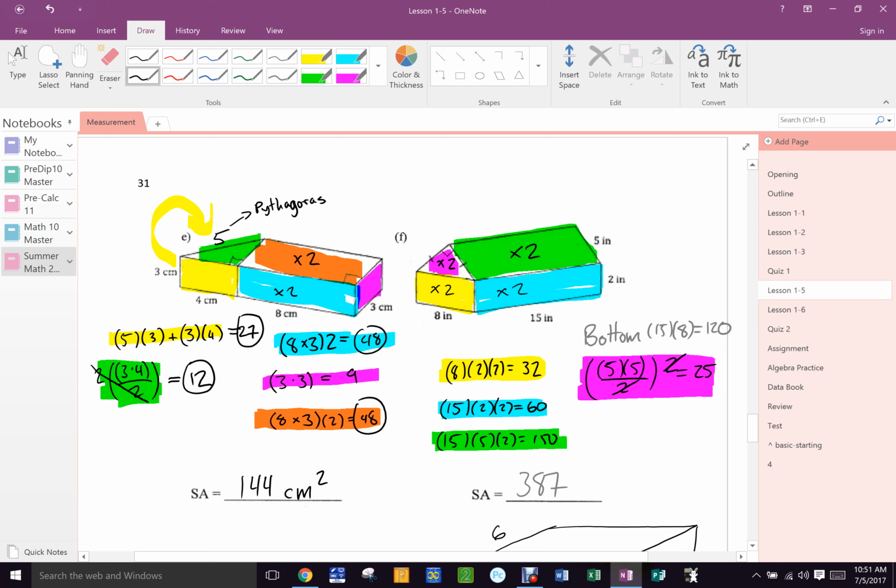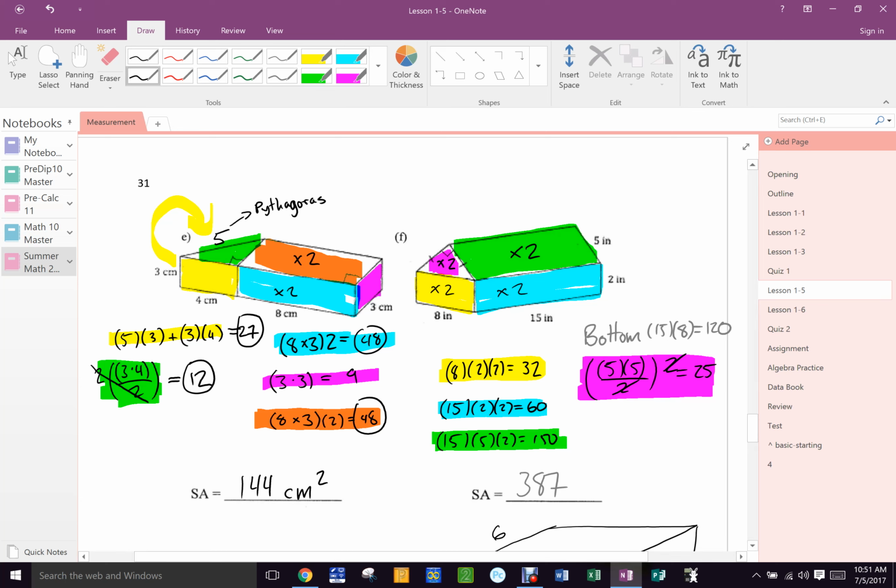There it is in blue. This purple one, though, there's only one of them, isn't there? Because the other side's covered up. So I only did that times 1, and then I just add it all up. Is everybody cool? Okay, please notice how much thinking I'm doing before I even write down a number, right?